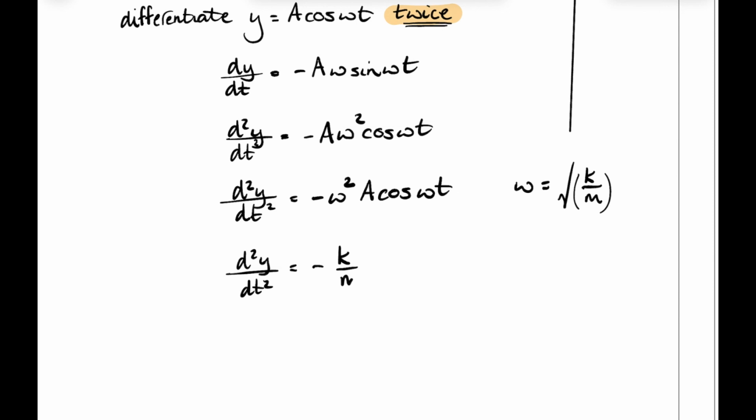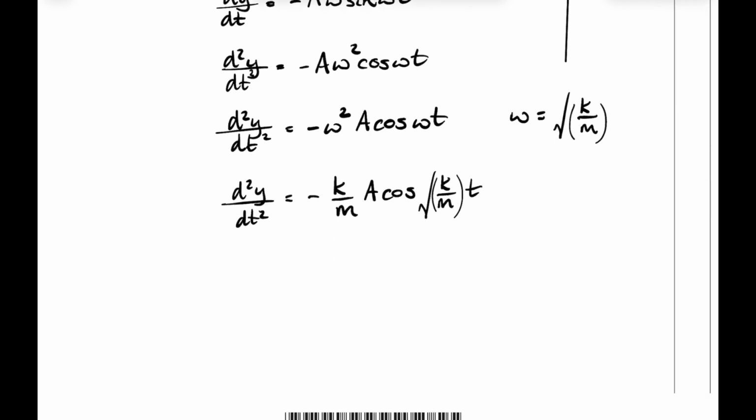So omega squared will be equal to k over m. And then a cos omega t becomes a cos root k over m times t. And then if we simplify even further, then d2y by dt squared is equal to minus k over m times y, because that was the expression right at the start.